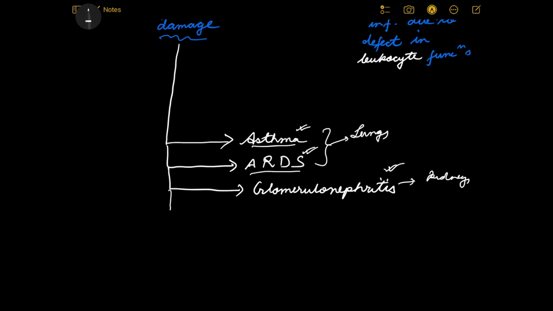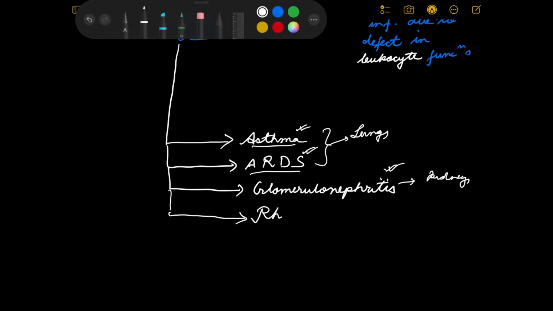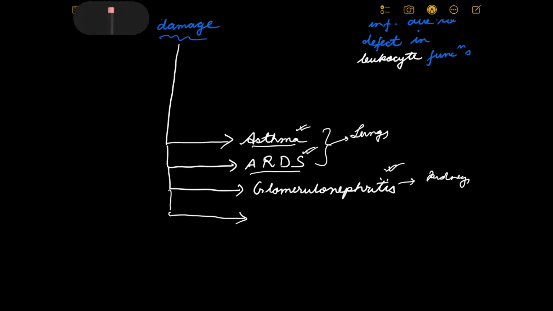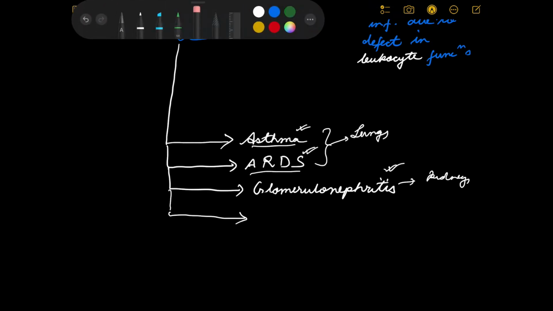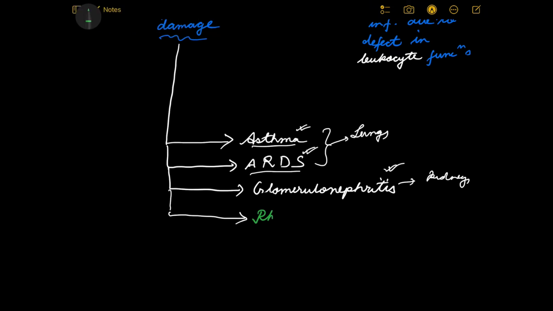Then you might say rheumatoid arthritis, or let's use a different ink because I'll tell you why I'm using a different ink. Rheumatoid arthritis, or for example, you might say atherosclerosis.